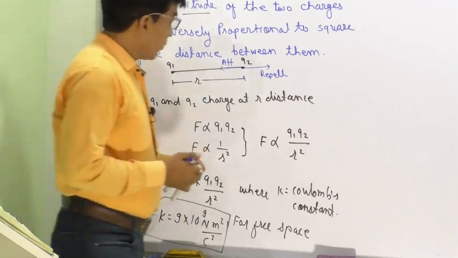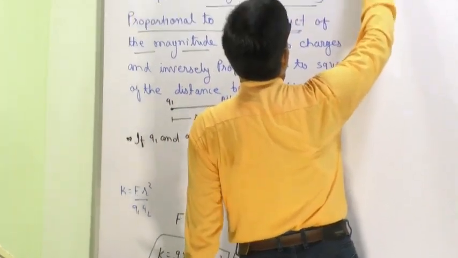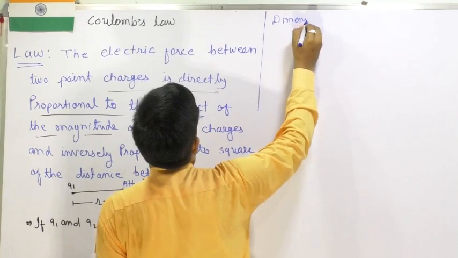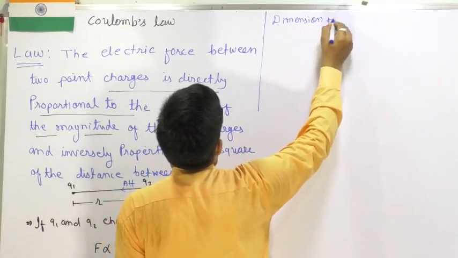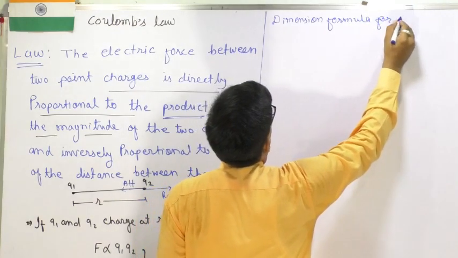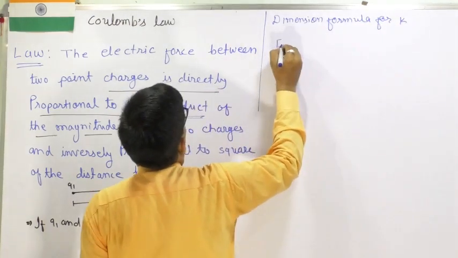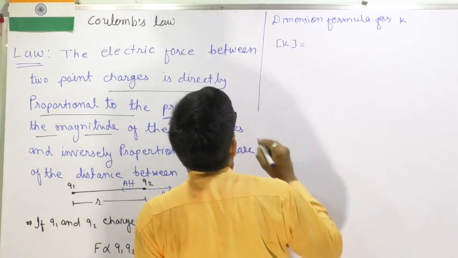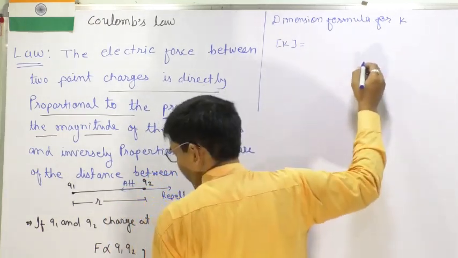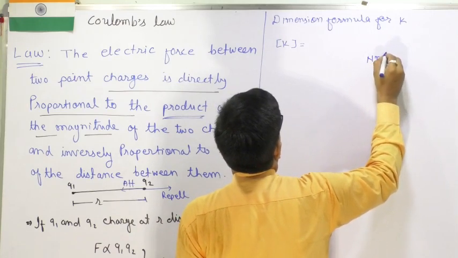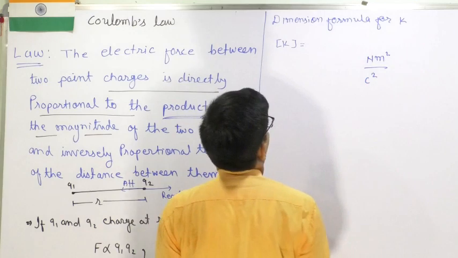What would be the dimension formula? Okay, dimension formula for K. If you want to derive the dimension formula, first of all you have to remember this unit, Newton meter square per Coulomb square.